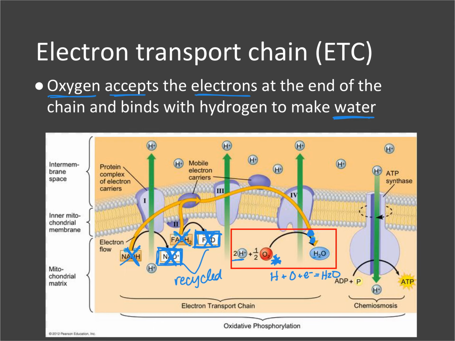If we don't have oxygen, we can't accept those electrons, and all of the previous reactions shut down. And if those previous reactions shut down, then we can't go through the oxidation of pyruvate, the citric acid cycle, and we can't go into the electron transport chain.